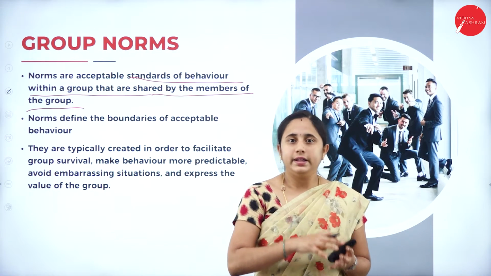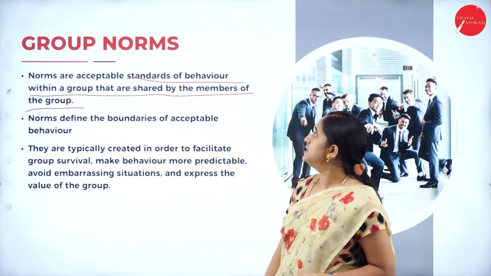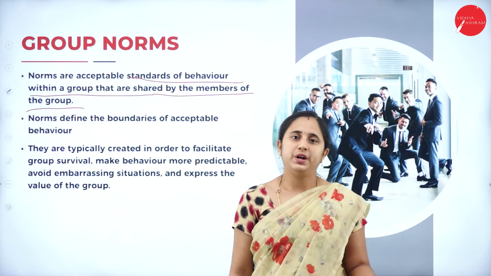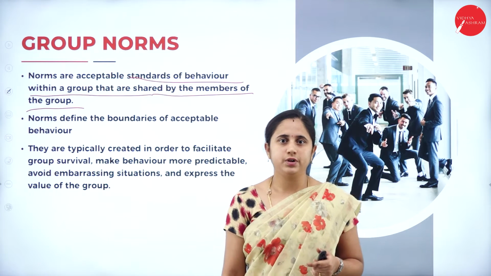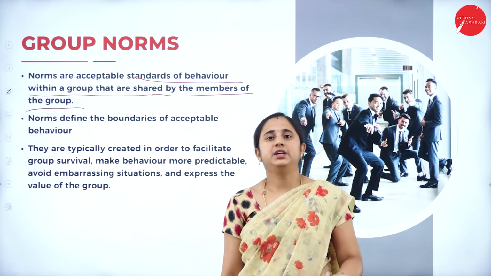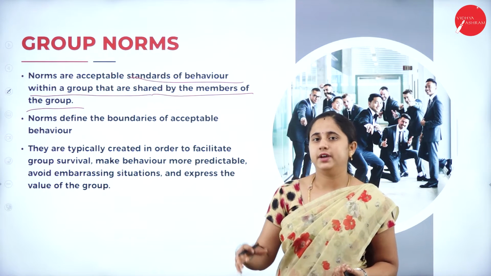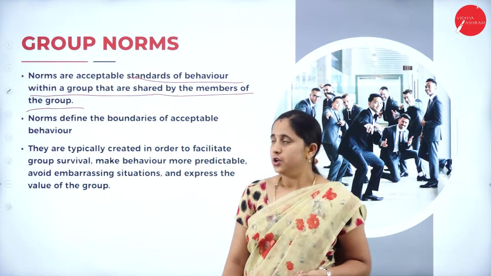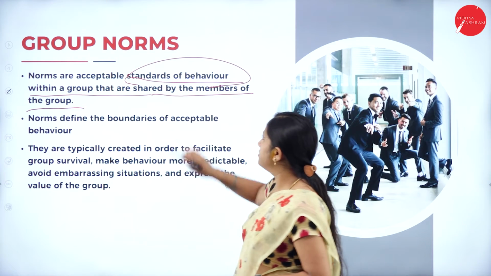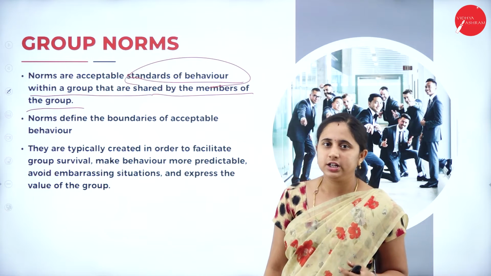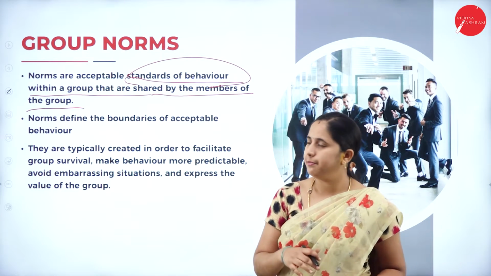No. Norms mean acceptable standards of behavior. If they ask you to work 24/7 and you are not ready to work, that is acceptable behavior. You cannot expect 24/7 from the individual. So acceptable norms are acceptable standards of behavior from an individual as a group member.